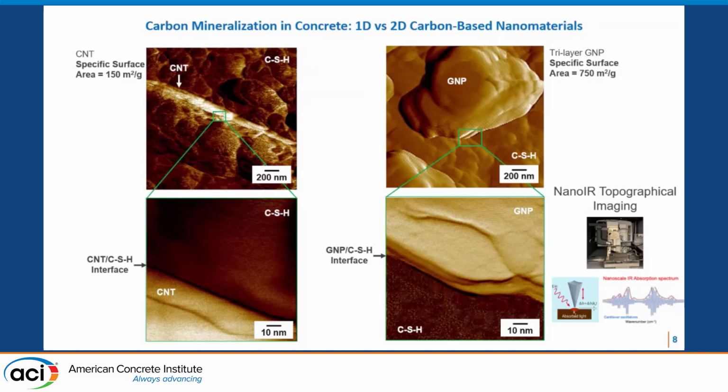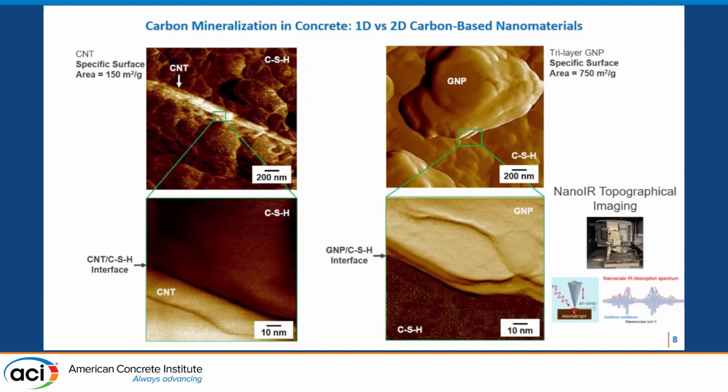Again, this is the same scale, 200 nanometers, but look at the interface between carbon nanotube and CSH at 10 nanometers. And by the way, the interface here, the part considered the interface between the two materials, has a width of only 2 nanometers.